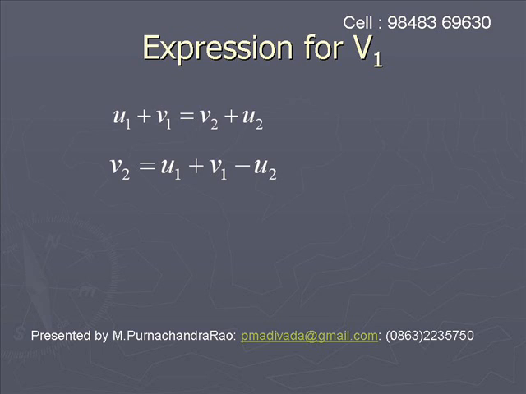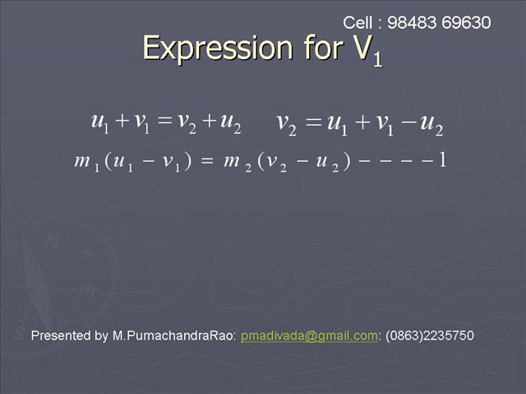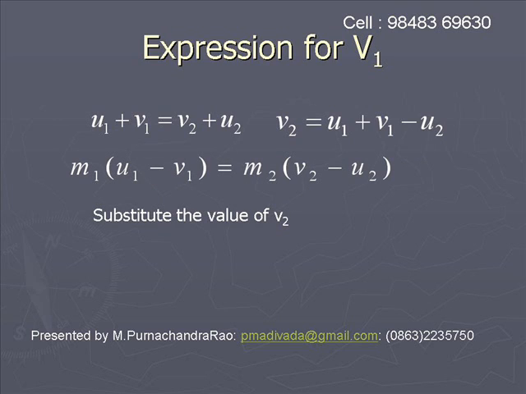Now, the relation between momenta after rearranging can be written as m1 into u1 minus v1 is equal to m2 into v2 minus u2. This was equation number 1.